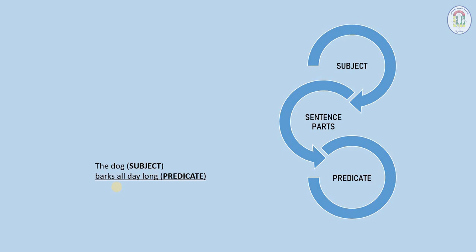So the dog is a subject, barks all day long is the predicate. So it tells us more about the dog. That's why it is called a predicate. And concerning the subject, we can have a complete subject and a simple subject. A complete subject is longer than the simple.